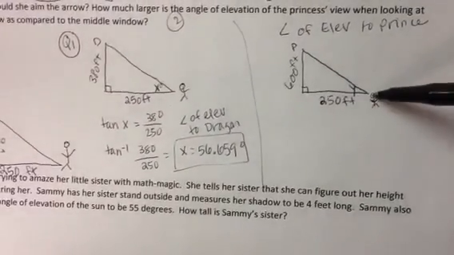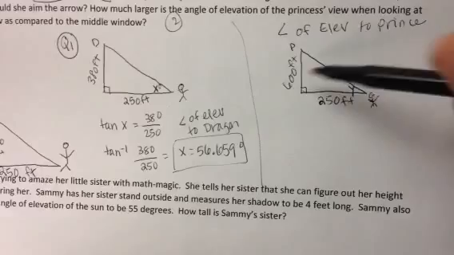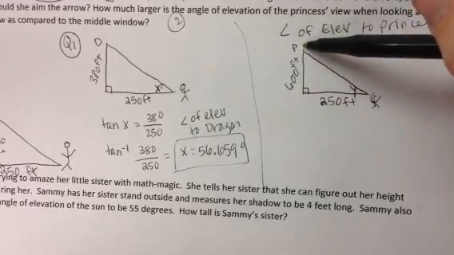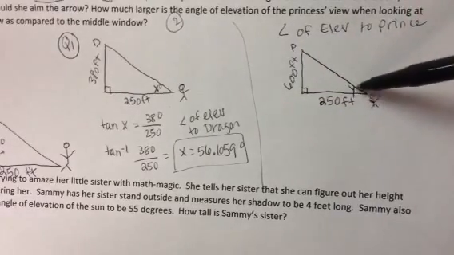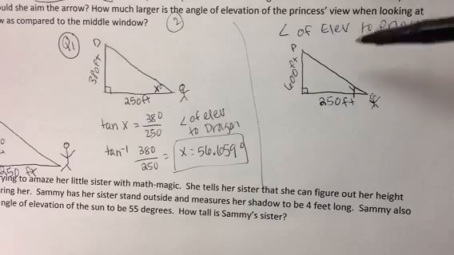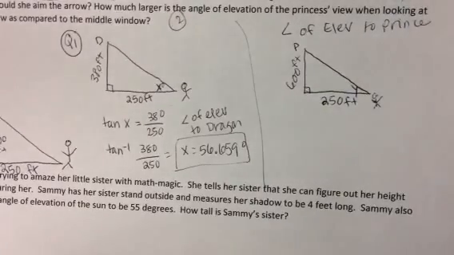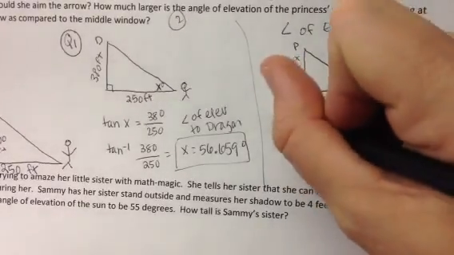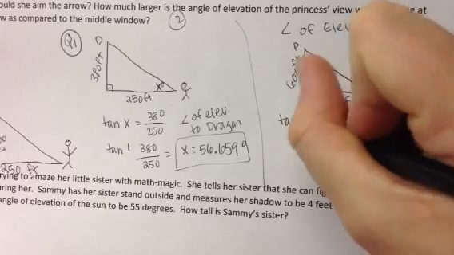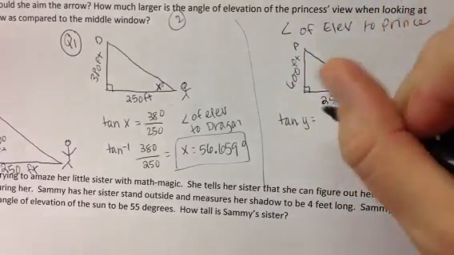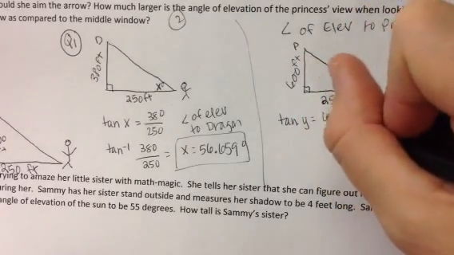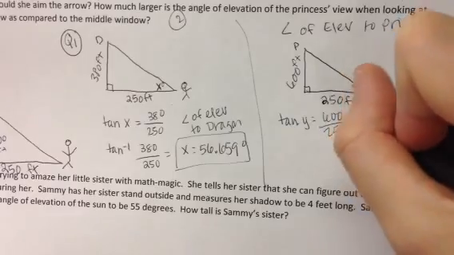All right, so here's our princess, 250 feet from the castle. The prince is 600 feet off the ground. We're now trying to find this angle of elevation, Y. So it's really the same math as the last problem. We could say that the tangent of Y is opposite over adjacent, so 600 over 250.